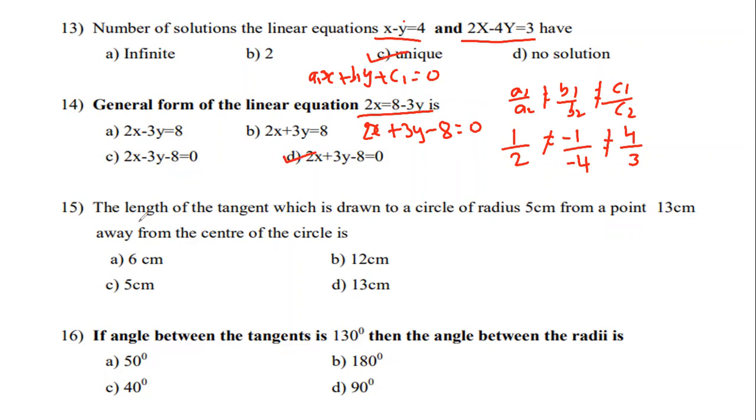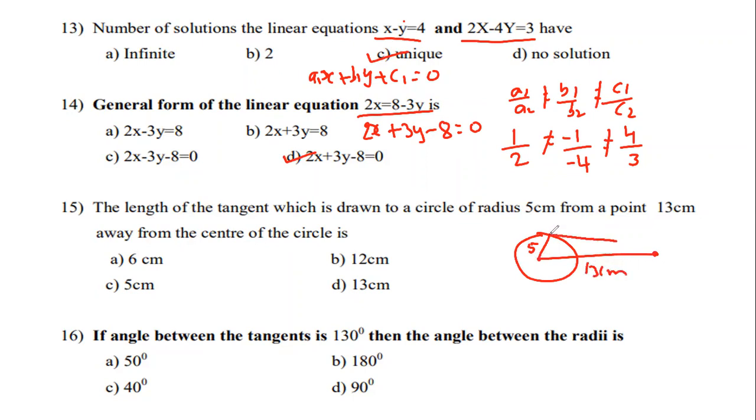Next, the length of the tangent which is drawn to a circle of radius 5 cm from a point 13 cm away from the center of the circle is dash. This is a circle. Okay, radius is 5 cm. Away from the center to the point is 13 cm.